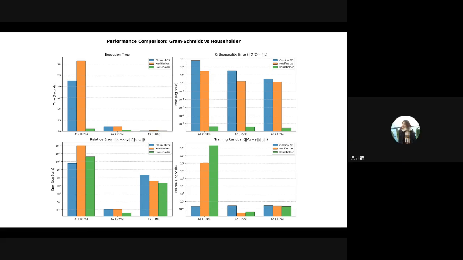And this is the only point I think that is different from the last group: why the execution time is smaller than the MGS and CGS, while for the last group the Householder is larger than MGS.